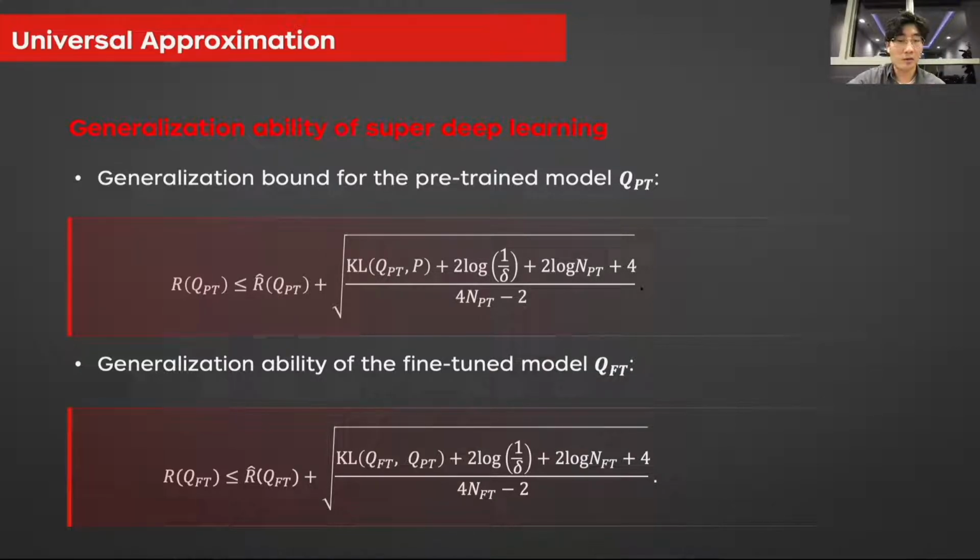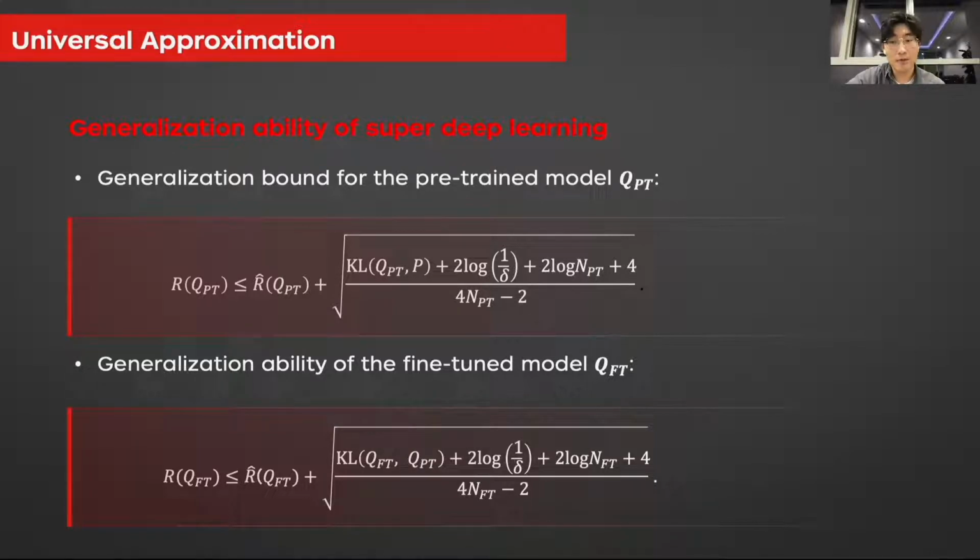First is the first equation, which describes the generalization ability of the pre-trained model. When the amount of training data NPT used by the pre-trained model is larger, then the upper bound of the generalization error of the final pre-trained model is smaller, which means that the generalization ability of the pre-trained model is stronger.